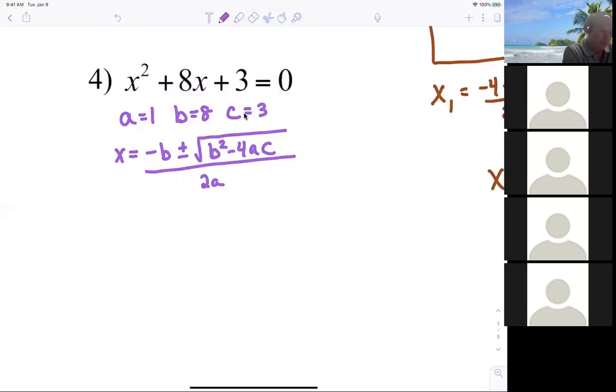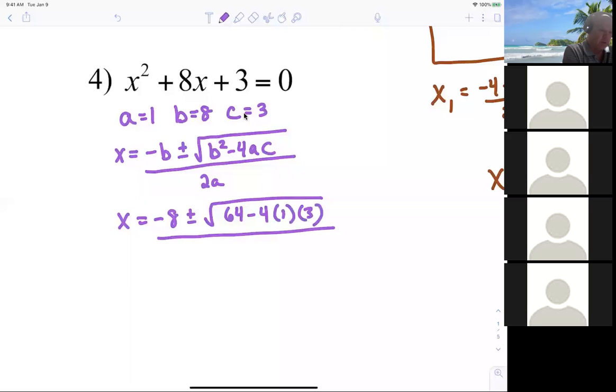So let's plug in now. X equals negative 8 plus or minus. Now, B squared is 8 squared, so that's 64 minus 4 times 1 times 3 all over 2 times 1.